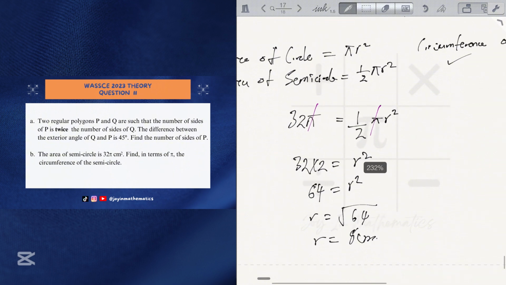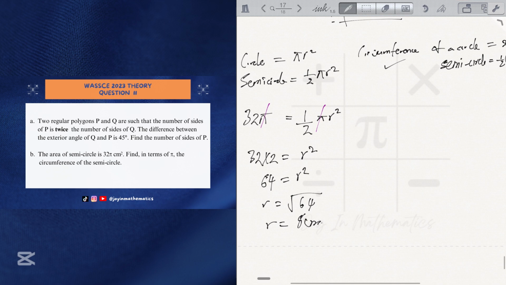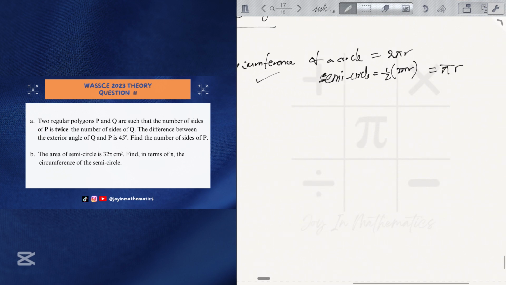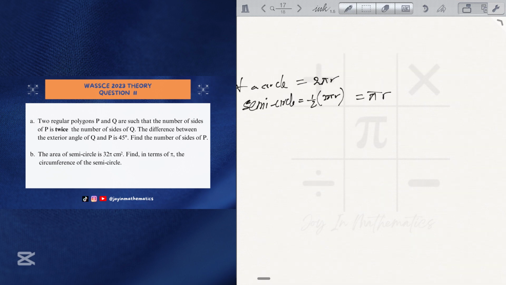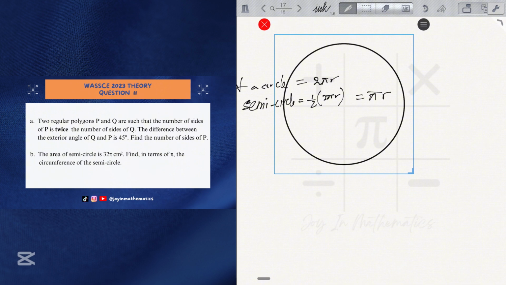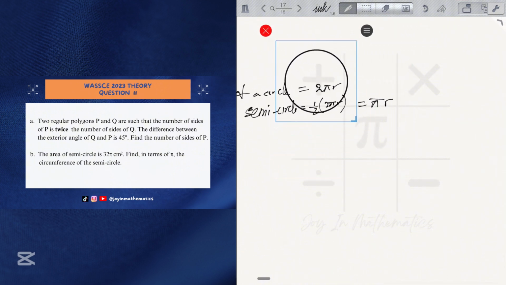So in view of this now, what then is the circumference of the semicircle? Now the circumference of a semicircle is not just pi r. So let's draw the circle to explain that point. So now we have a circle. Let's reduce the size.